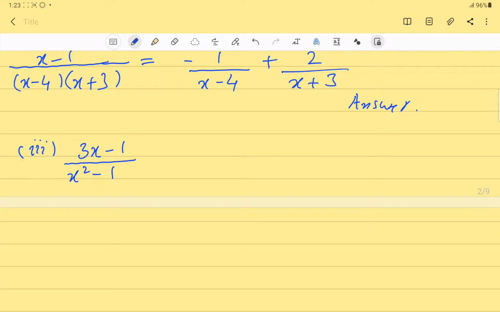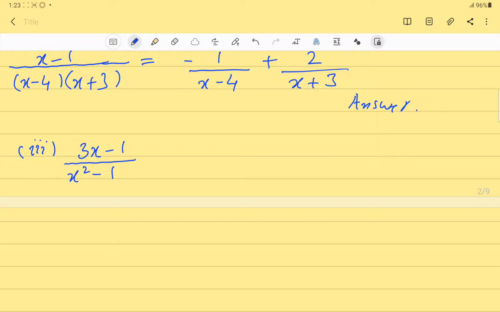Our first check that we always apply is to check the degree of the x in numerator and denominator. The degree of the x should be lesser in the numerator as compared to the denominator, which is there now in this question.